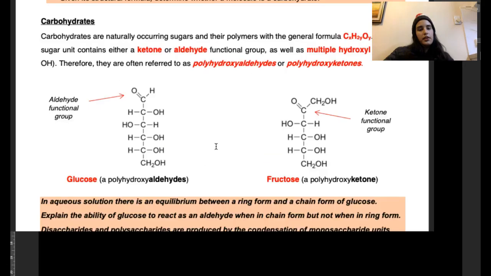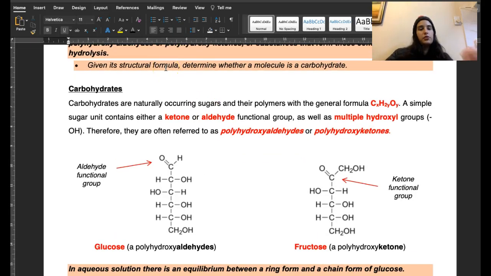Now, if we are given any structural formula, we should be able to work out whether a molecule is a carbohydrate, and we do that very simply because carbohydrates will always have this general formula, CxH2yOy. That simply means that they might have whatever number of carbons, we don't really care, but the only other atoms they'll have are hydrogens and oxygens, and they'll always have double the amount of hydrogens than they do oxygens.